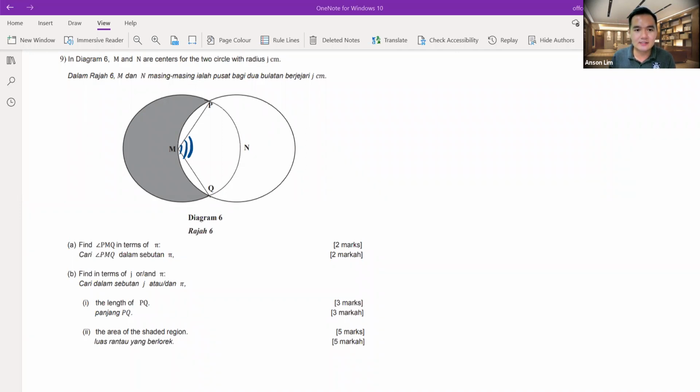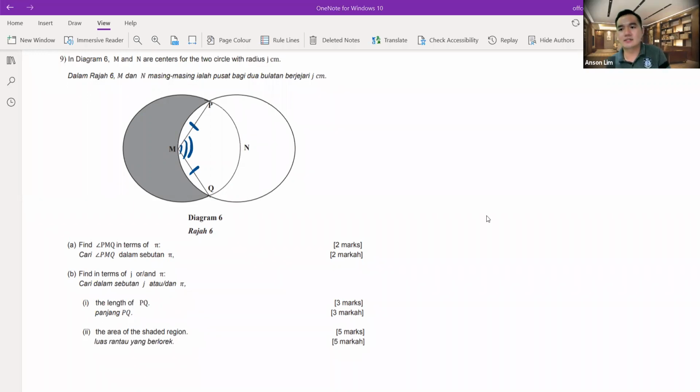So everyone, see carefully to solve this. You need to know why this is radius. And do you know that this is something they already told you?